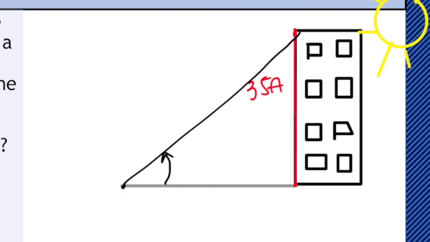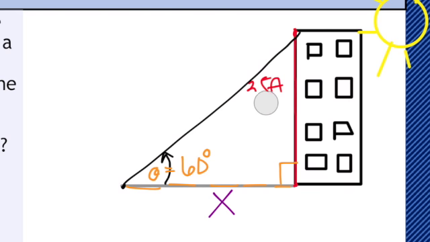This is my horizontal line, and this is my angle theta, which in this case is 60 degrees to the line of sight looking at the sun. Now we have our right triangle, because the shadow and the building are 90 degrees to each other, and we're looking for the length of the shadow. This is what I want to find, x.